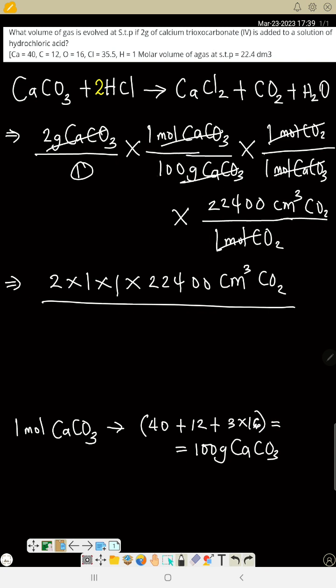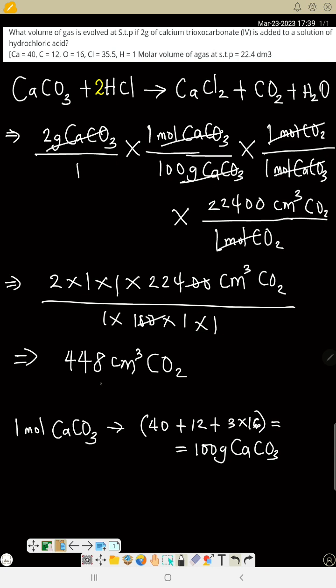The zeros cancel out, so it remains 2 times 224, which is 448 centimeter cube of CO2.